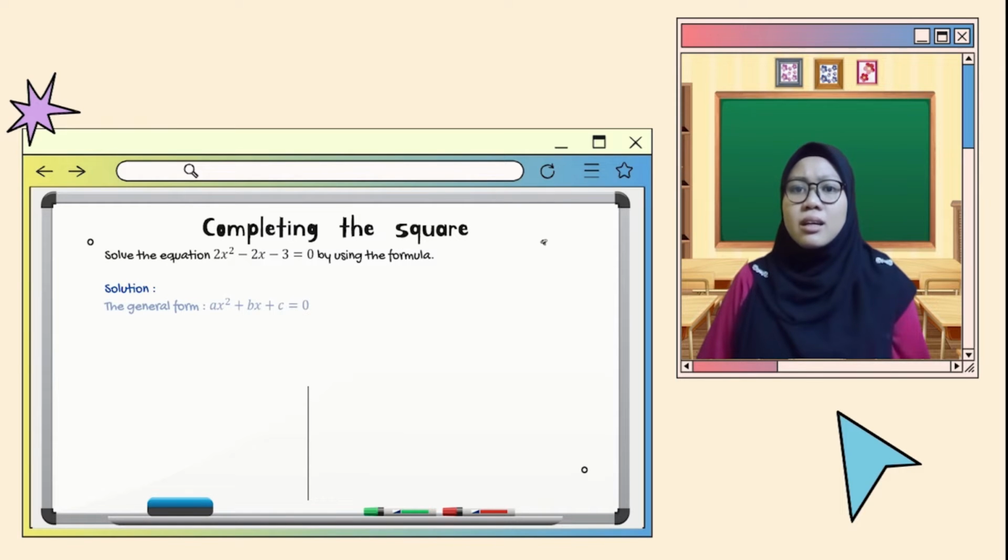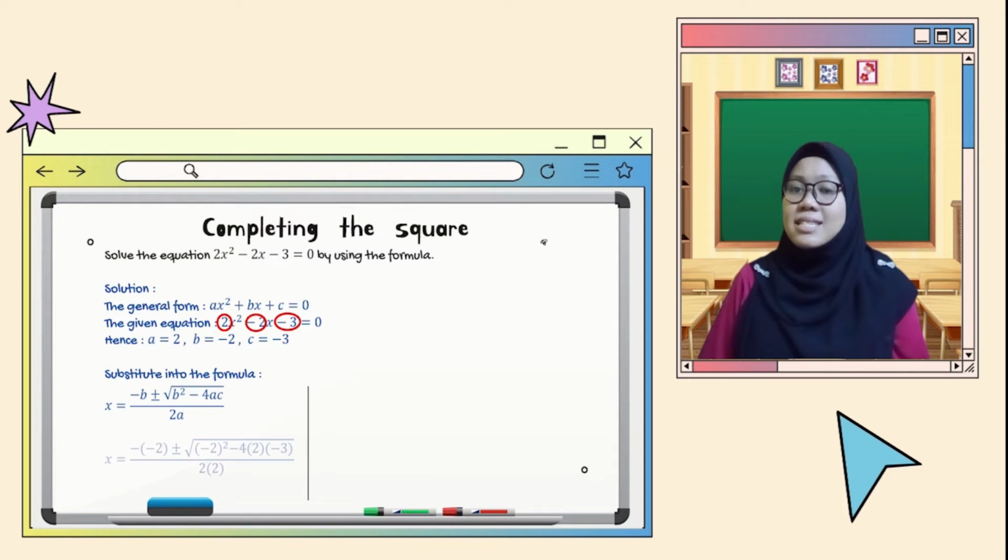The solution is, we know the general form of the quadratic equation, and the given equation is this. Compare both of them, and from there we get the value of a equals 2, b equals negative 2, and c equals negative 3. Then just substitute the values into the formula and solve for x, and this will be the x values. Easy, right?